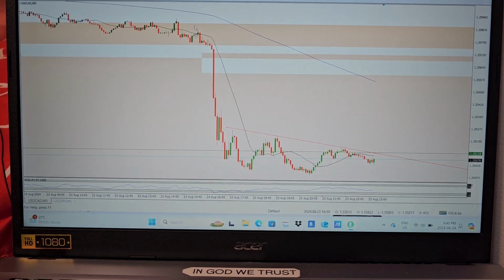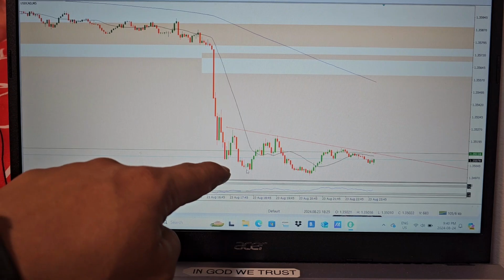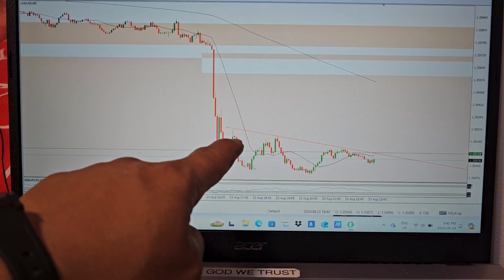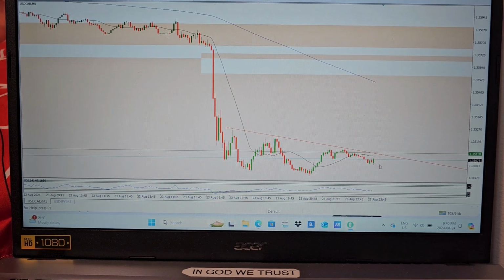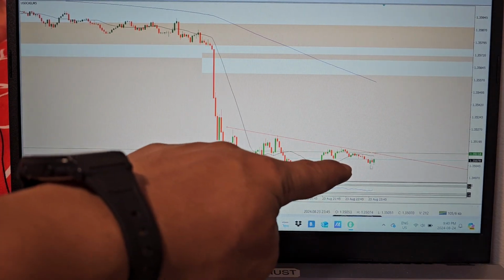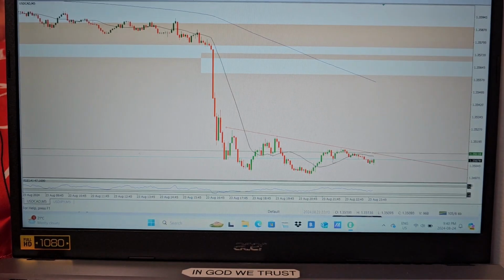I was in here, this level, and it goes down again. I take my profit here, and it goes back a little bit, and then let's see if we break this line for the next day, and we're going to go for a little buy till here.